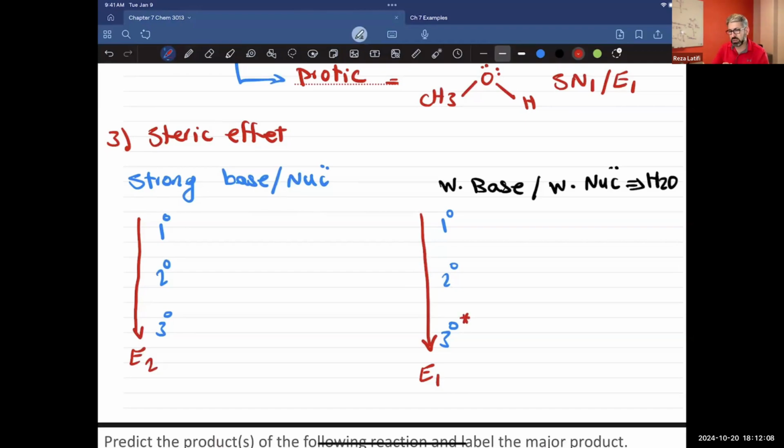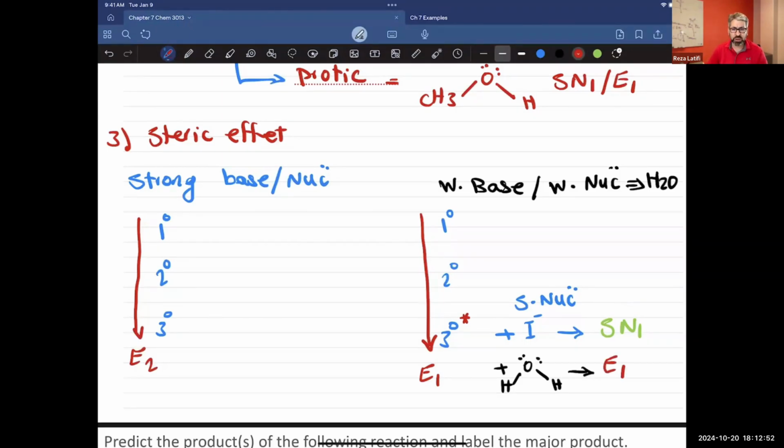You have to ask yourself, what do I deal with? Is it a strong nucleophile or weak nucleophile? If you're treating it with, for example, iodide, a strong nucleophile because it has a negative charge, the main product will be SN1. But if you're treating it with water or methanol, which have zero charge, in that case E1 will be the major product.